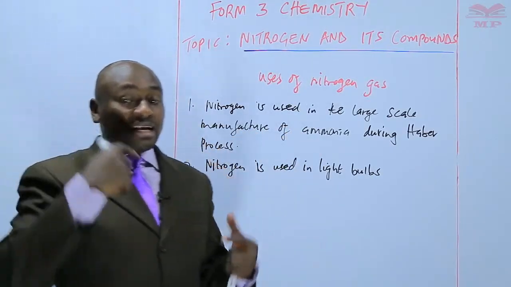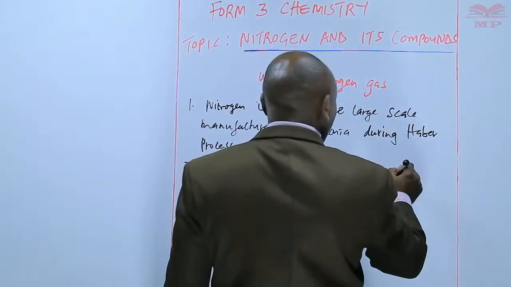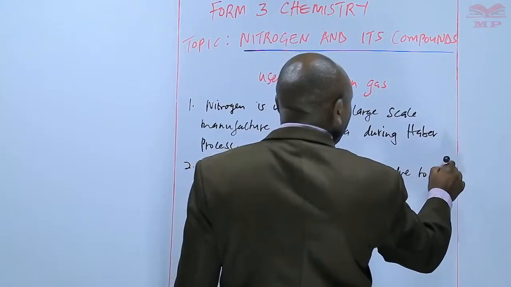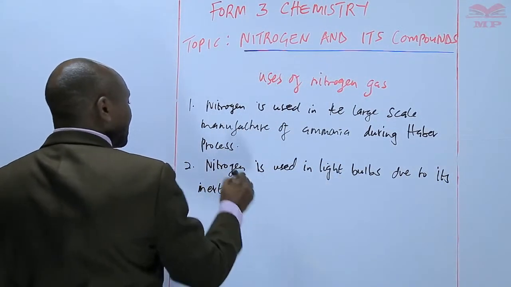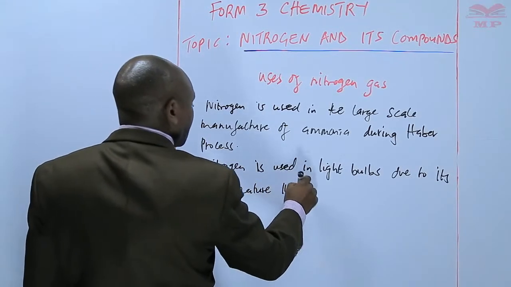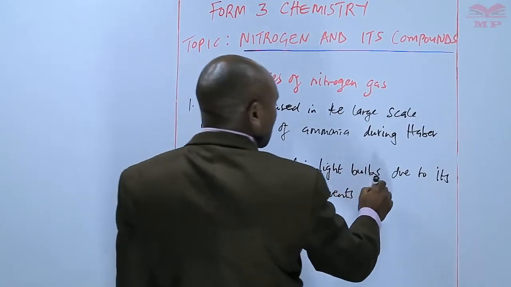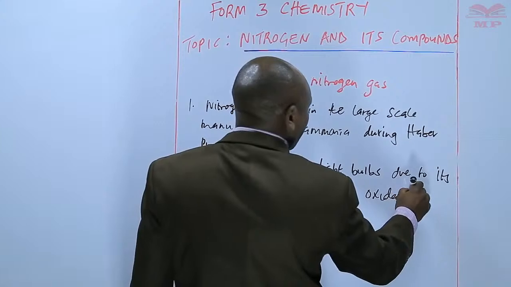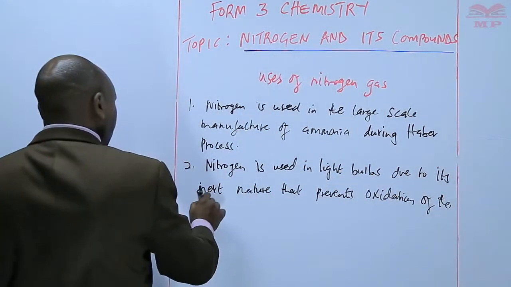So because of the inert nature of nitrogen gas, it is used in light bulbs. It's relatively inert, that prevents oxidation of the filament.